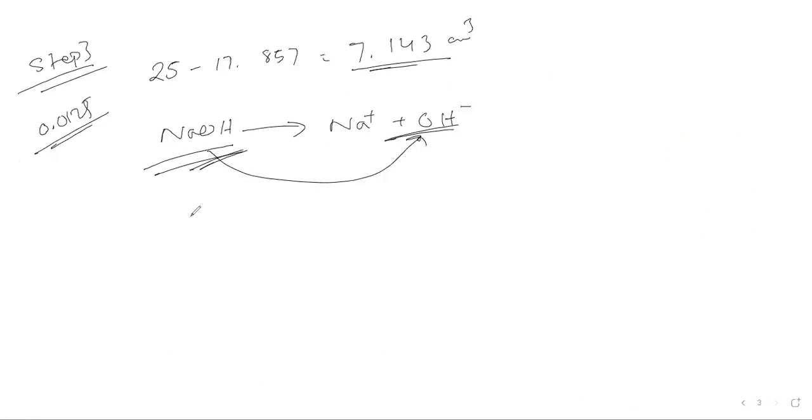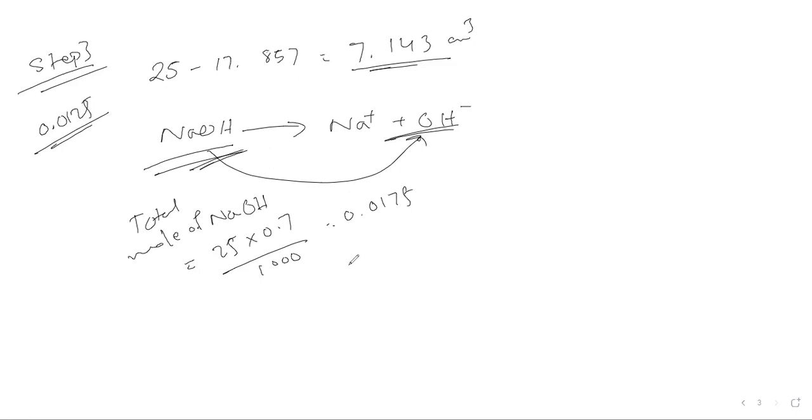So the total mole of NaOH is 25 into 0.7 divided by 1000. This should be 0.0175. That's the total mole for sodium hydroxide.